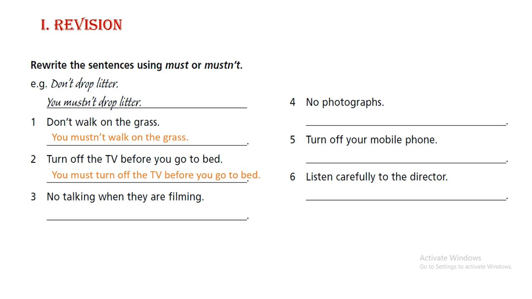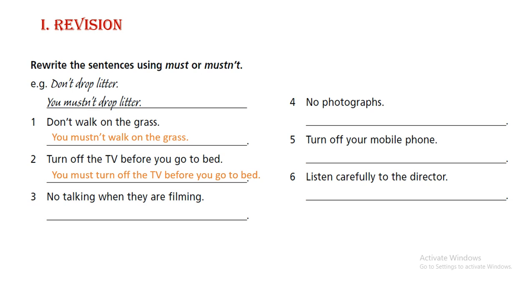Number three, no talking when they are filming. Filming means taking the video. So make a sentence by using must or mustn't. Can you think of it and tell me your answer?